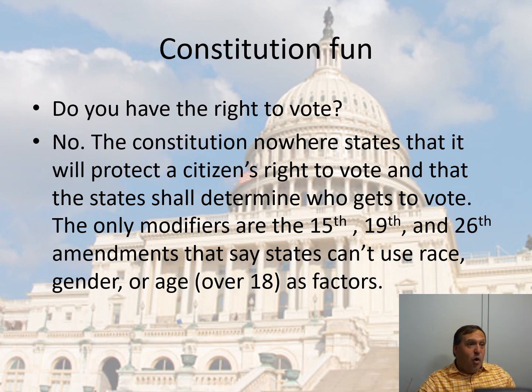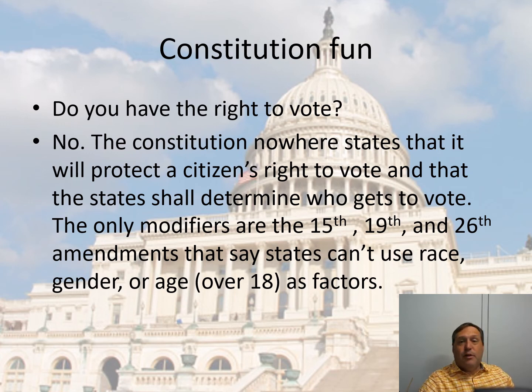Now, some states, every once in a while, talk about lowering it to, say, 16 or something like that. They can do that, but they can't make you wait longer than that. So if you want to construe that you maybe have a right to vote, it's never been supported by the courts. For example, in some states, if you commit a felony, you get stripped of your voting privileges, and some states will restore them after you get out of prison.